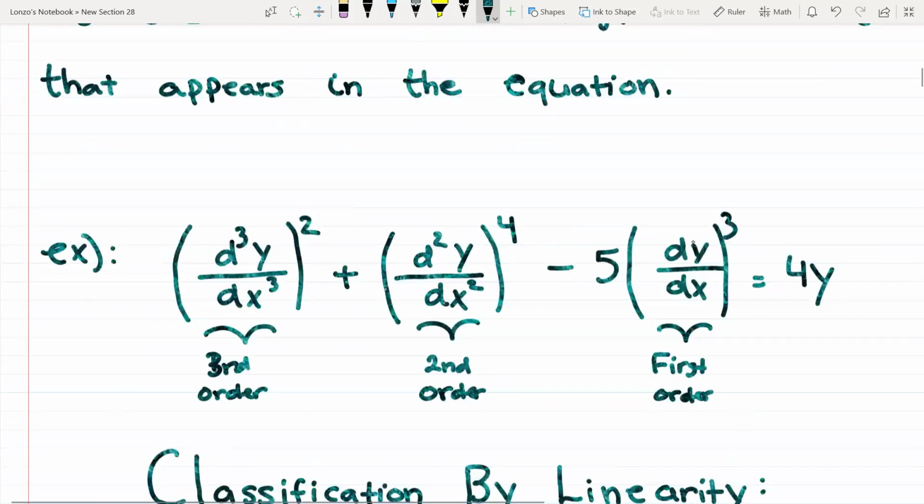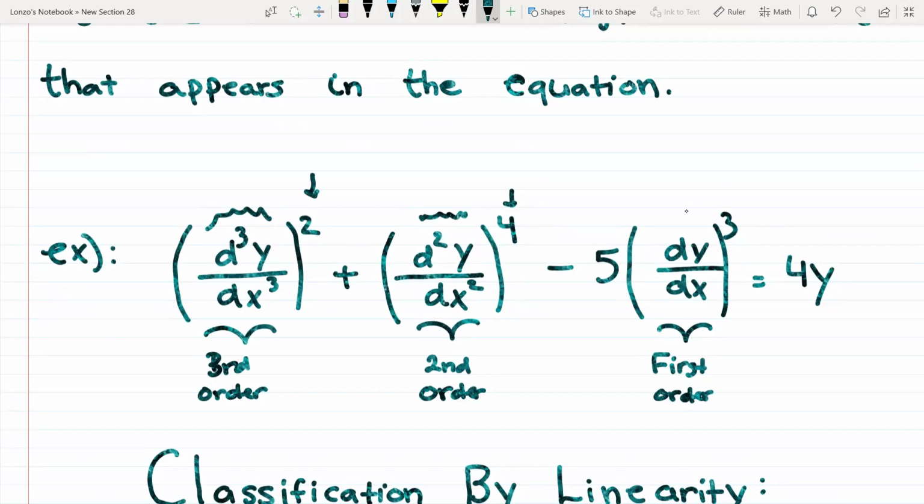For example, if you are given d cubed y over dx cubed raised to the second power, this power doesn't really matter. It's what's inside the parentheses that matters, so this is third order. This one, even though it is raised to the 4th, we don't care about the power 4. We only care about the derivative. This is the second derivative, so it would be second order.